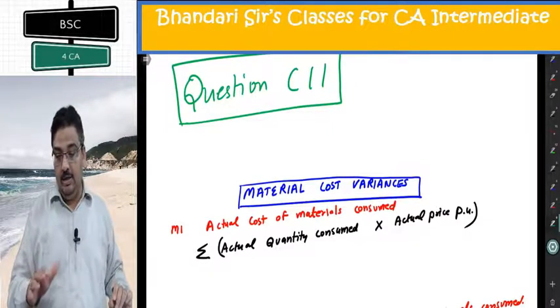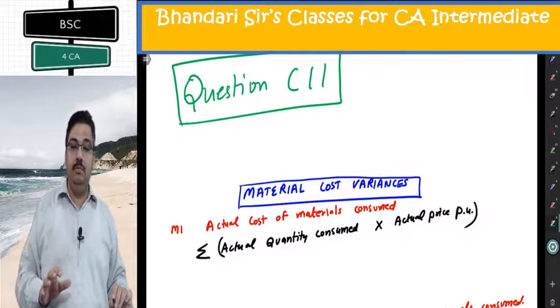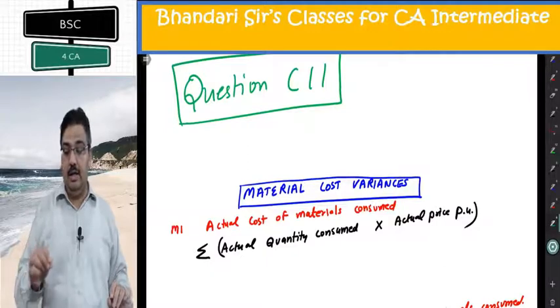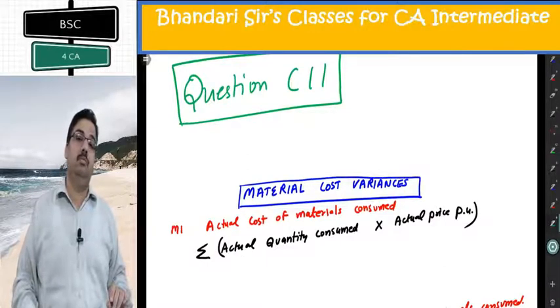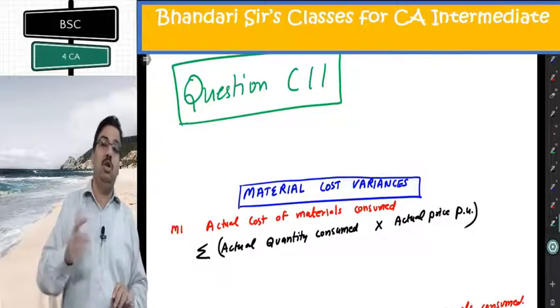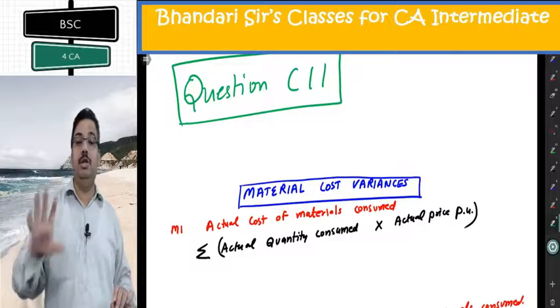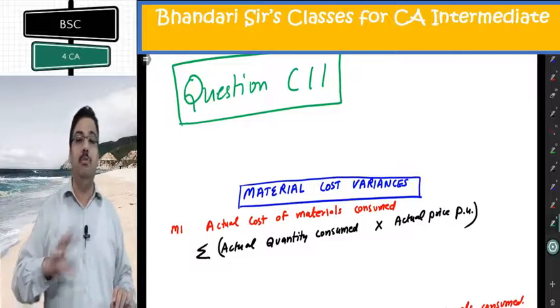A material is in kg, B material is in kg, C material is in gallons. You don't need the conversion unit. Science people might be knowing how many kgs are there in a gallon or vice versa. We don't need to know.